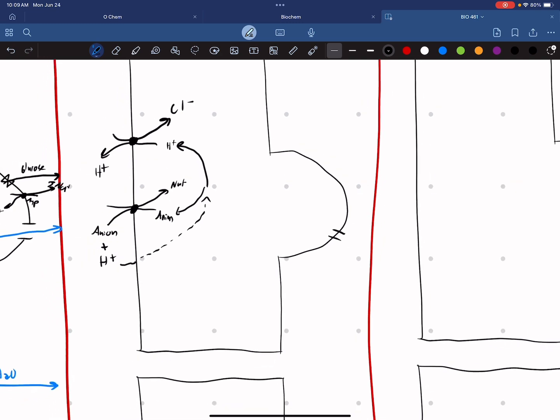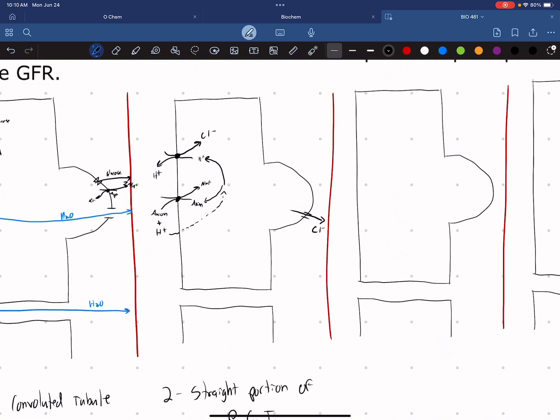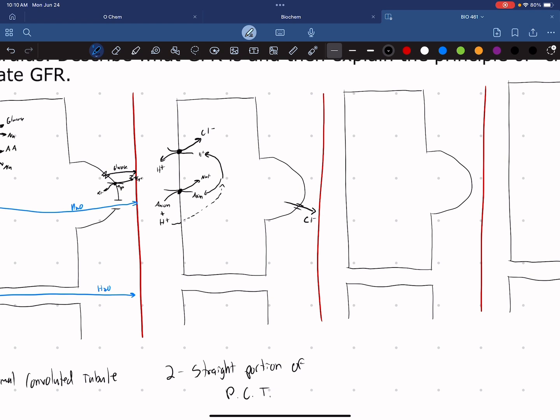So that will allow this cycle to keep going where the anion and hydrogen ion will combine to enter into the cell, and once they're in the cell, they will split in order to keep this cycle going. And so here we have, as a result of that, a chlorine channel that allows the chlorine to return back to the blood, and that is what we have in the straight portion of the proximal convoluted tubule.